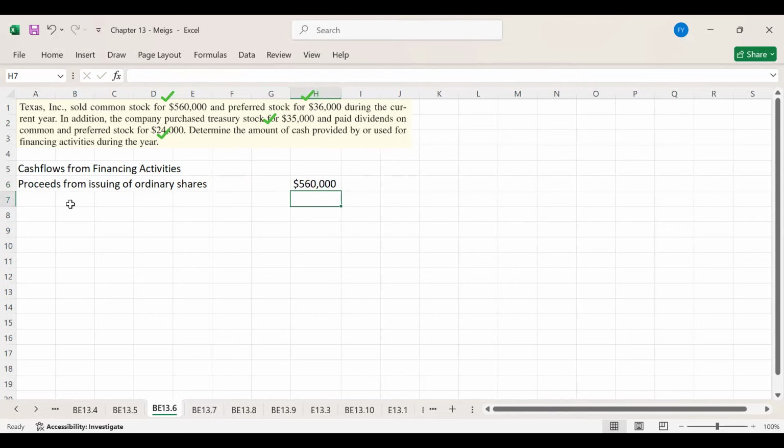Then preferred stock, so proceeds from issuing of preferred shares, which is $36,000.